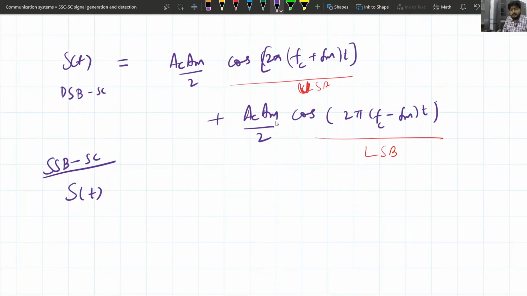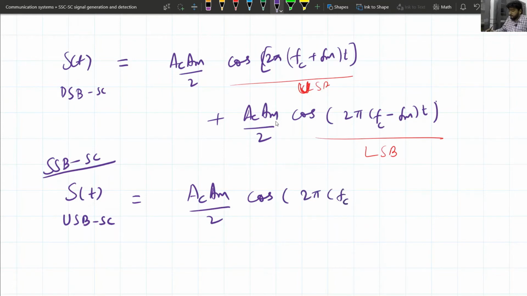If it contains the upper sideband, it will be called upper sideband suppressed carrier, which will be given as A_C into A_M by 2 into cos 2π(f_c + f_m)t.